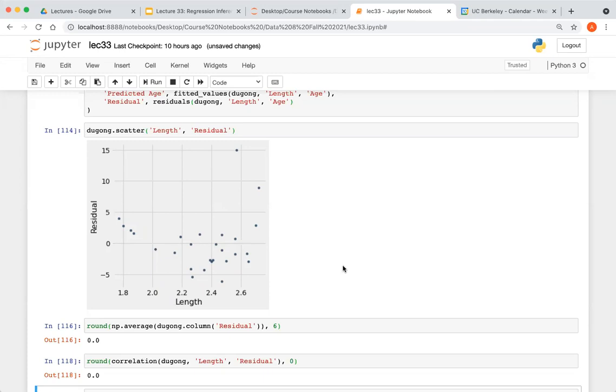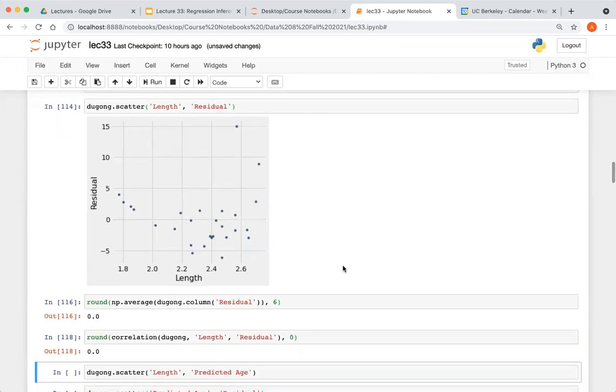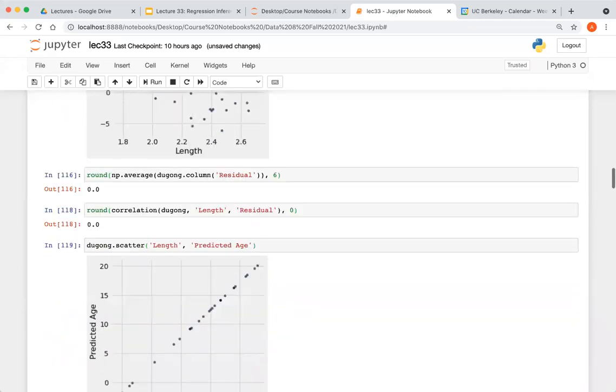All right, so now we are going to look at the predicted age versus the length. Can somebody tell me what that scatter diagram is going to look like? If I plot the predicted values versus the x, it's going to look like a straight line. It better look like a straight line. Terrific.